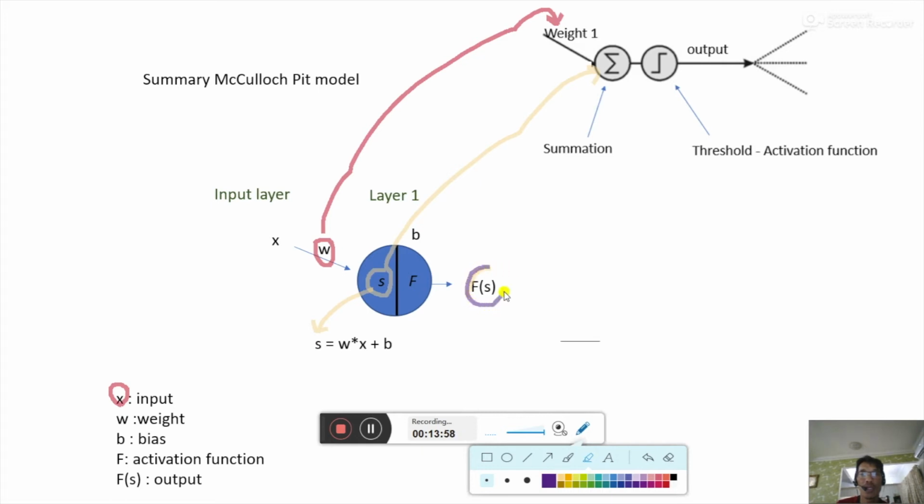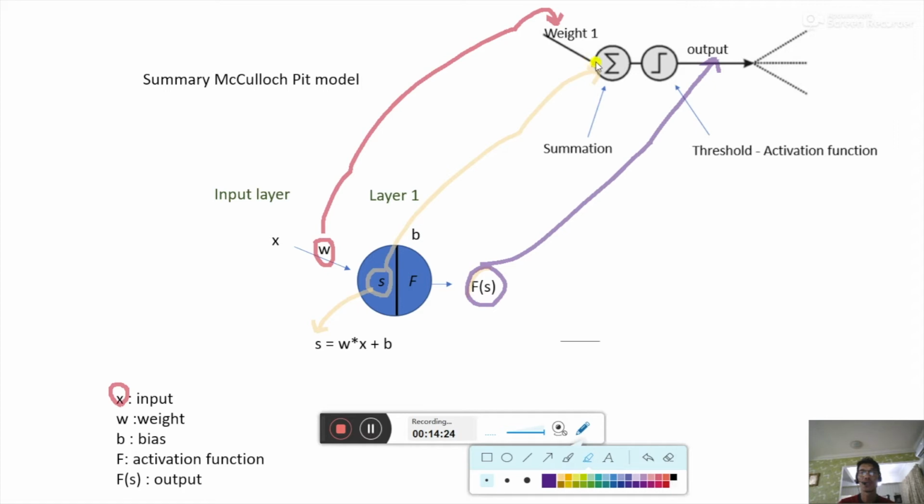So this is the output. This is how it has been modeled. Once again, this is from the previous slide: summation. This is the axon as a signal.